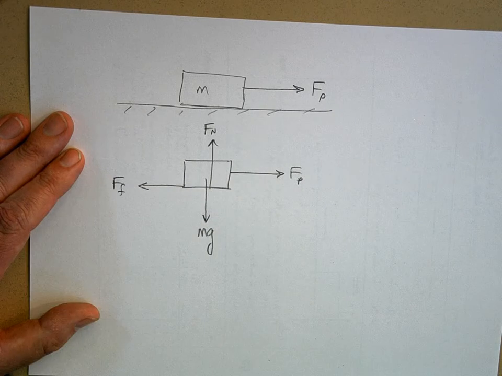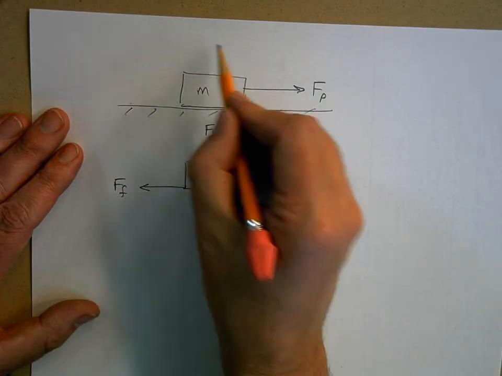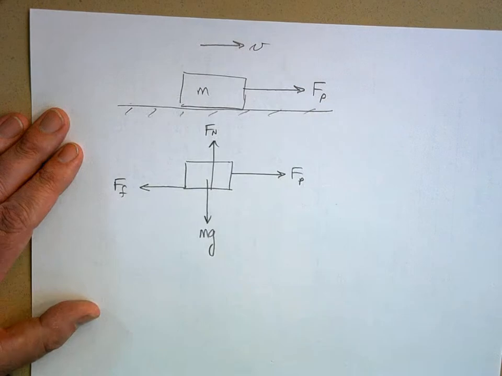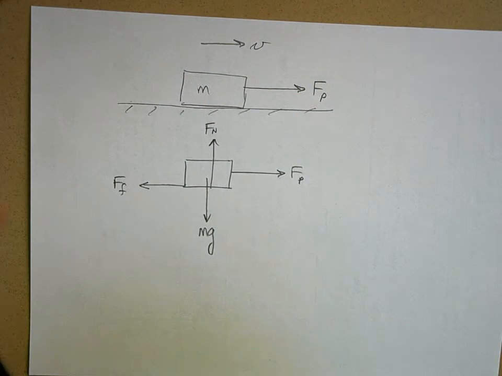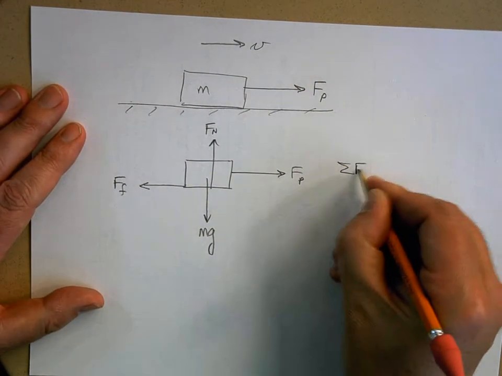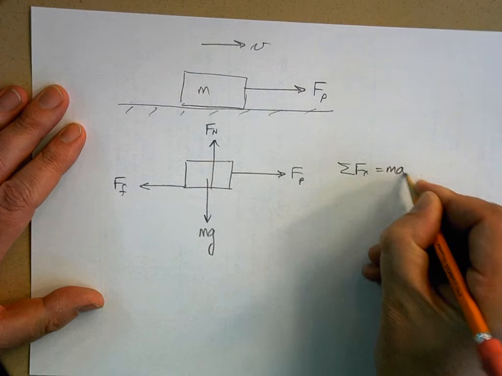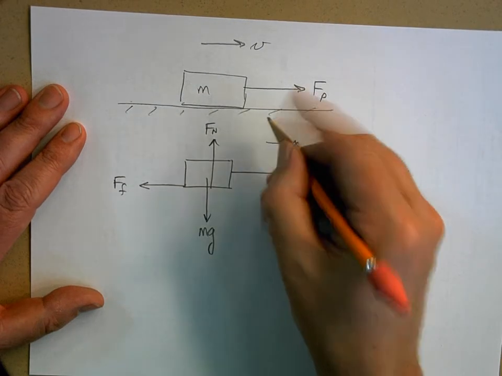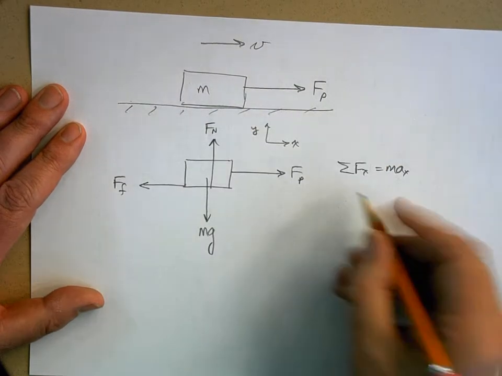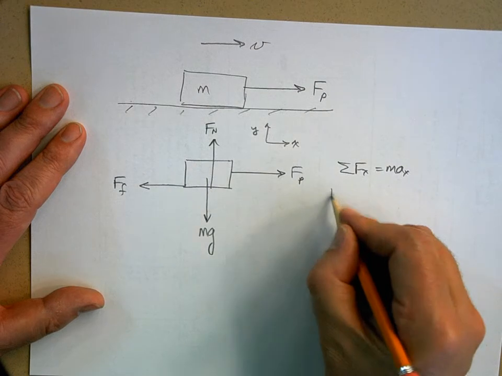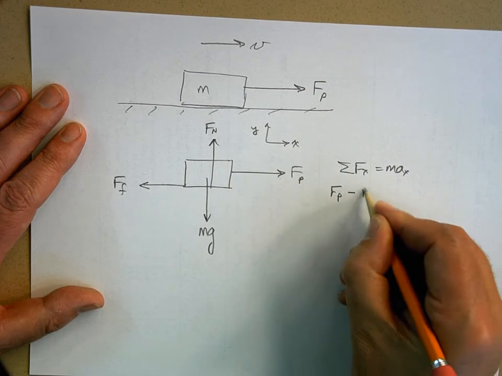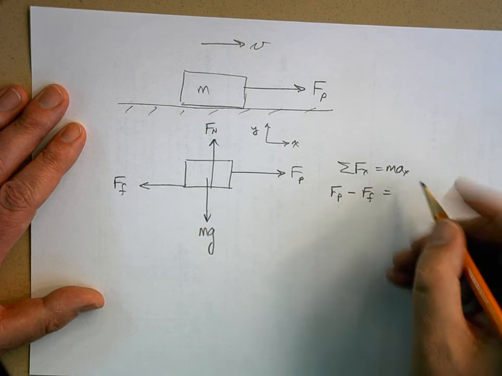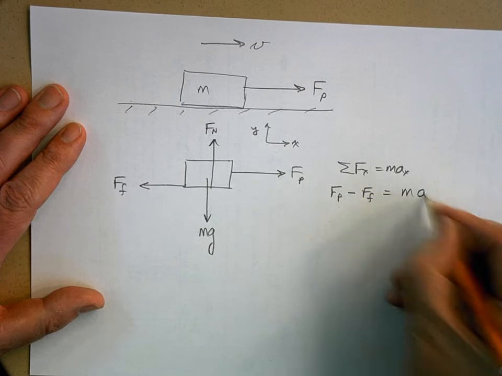Now let's say we're dealing with kinetic friction and we're moving this with some velocity. Now I can sum the forces in the x direction equals ma in the x direction. Let's make this x and y. Now I have the pulling force minus the force of friction equals ma.